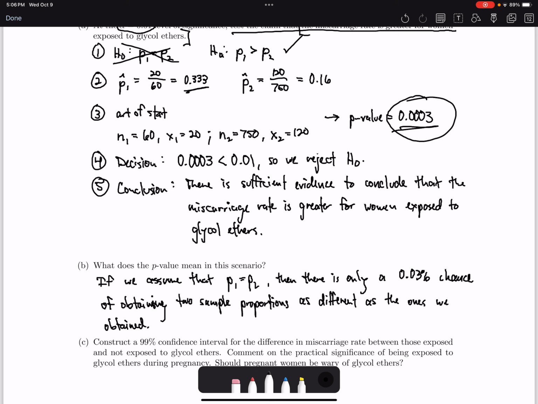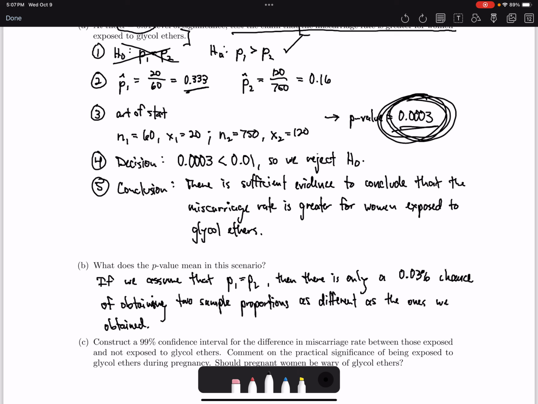Now, in the past, I've had students who have been really kind of bothered with this reasoning because they think, well, instead of us being suspicious of the null hypothesis, shouldn't we be suspicious of our sample proportions instead? Like maybe there was something wrong with the samples. And that is a possibility, okay? But it's a very slim possibility.